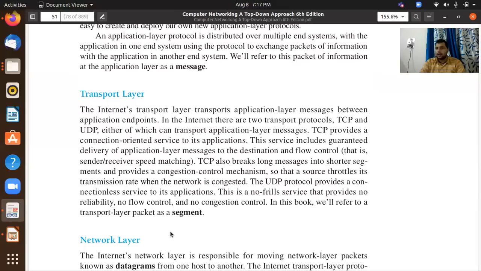So we generate the message at the application layer, then pass this message to the transport layer. The transport layer will add certain more information in the form of a header. What information it adds depends on what kind of services the application layer is seeking from the transport layer.